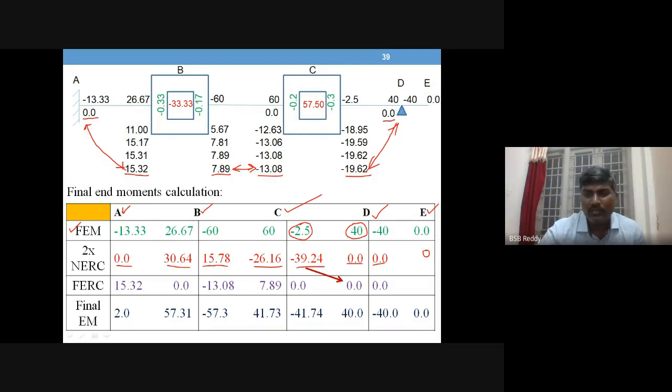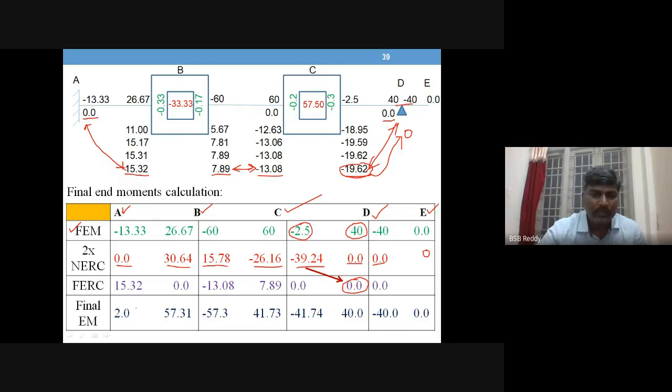Okay, so 19.62 will not be taken to D. That means that is 0. So rotation contribution from C to D will be 0 because D is hinge. Okay, because though it looks continuous, we will treat this as end hinge, as I told earlier.